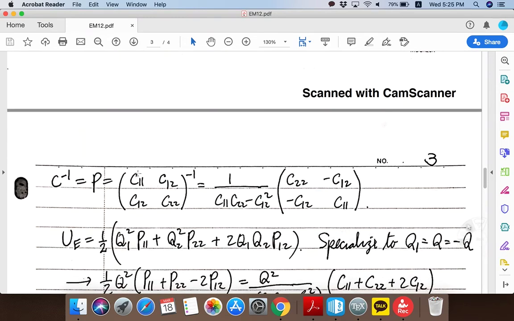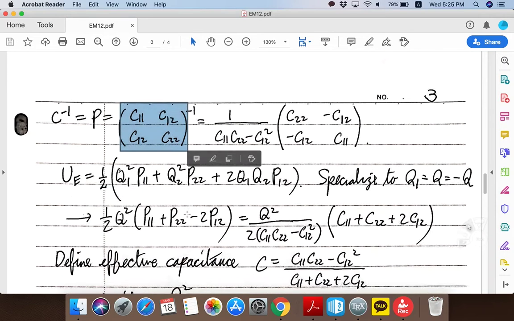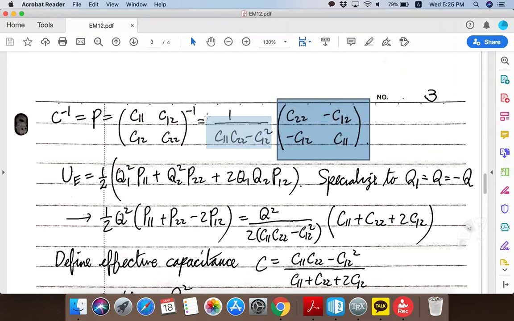Well, in that case, working out the inverse matrix of the capacitance matrix is pretty easy. So this is your capacitance matrix, and therefore the inverse matrix is this guy over here, of course divided by the determinant.